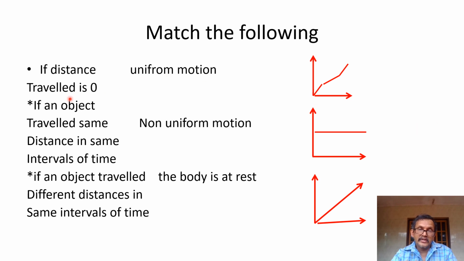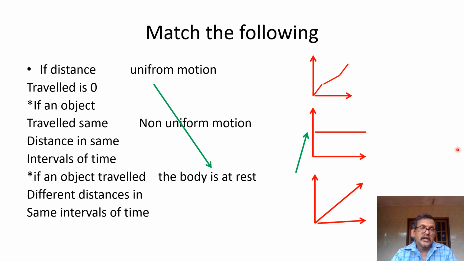If the distance traveled is 0, then what does it mean? Then the body is at rest. And what is the graph? If a graph is parallel to the x-axis, then it shows the body is at rest.